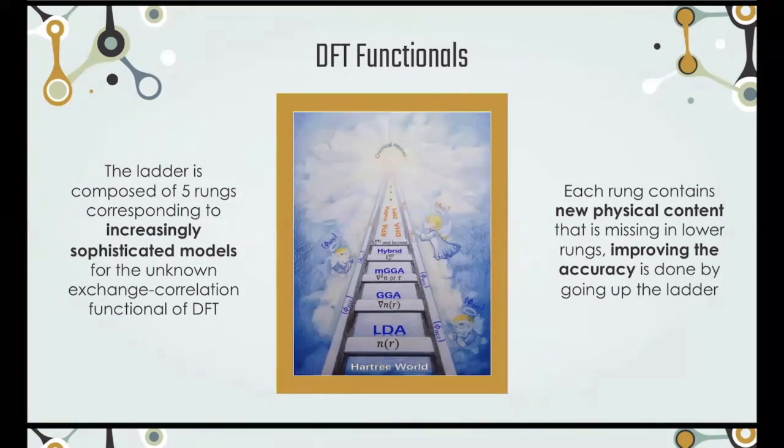So basically, you mix the local exchange functional with an exact exchange functional, and you can mix those two and create these different hybrids that will give you more accurate results. And that is my presentation.